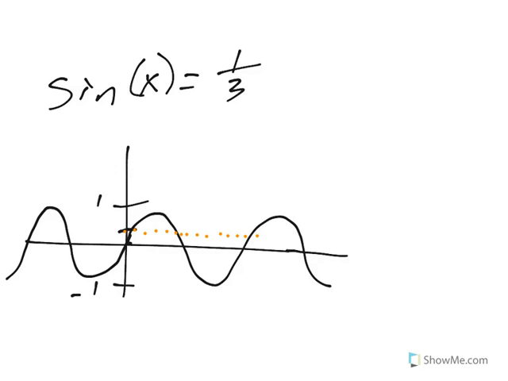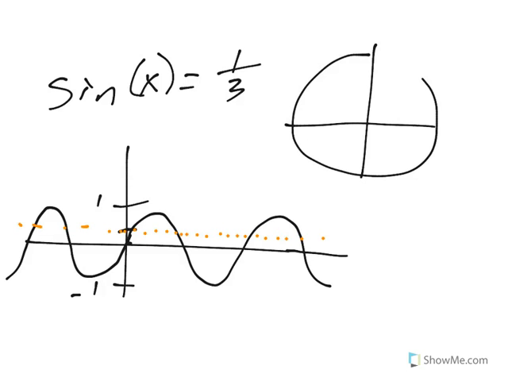I don't know where they are exactly. A third isn't the output for a special angle. It's not like it's sine x equals a half, which I could just know where it is. But I can see on the graph that there's many places where the output for sine ends up a third, and even on the unit circle, I can imagine several angles that have the y-coordinate equal to a third, a little bit less than pi over 6, because pi over 6 makes it a half.